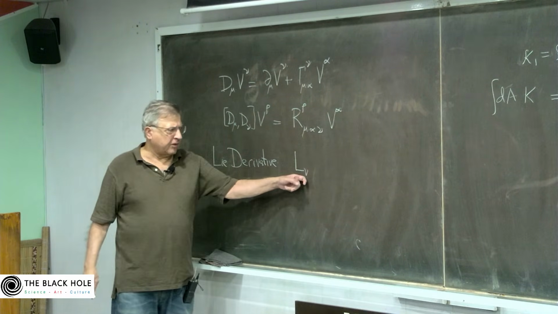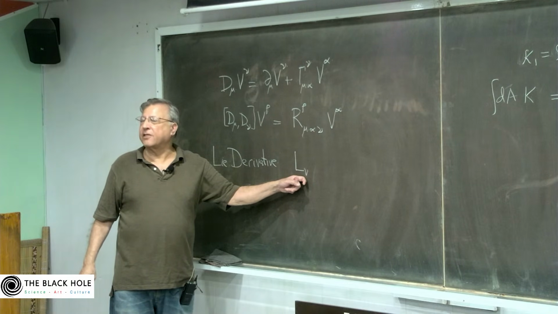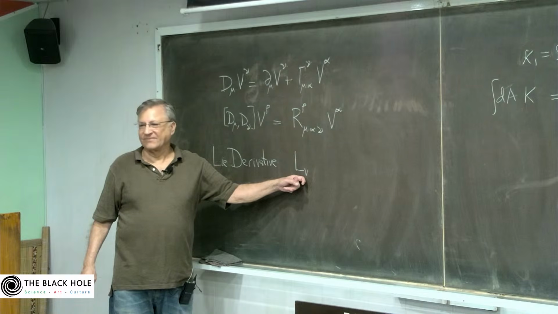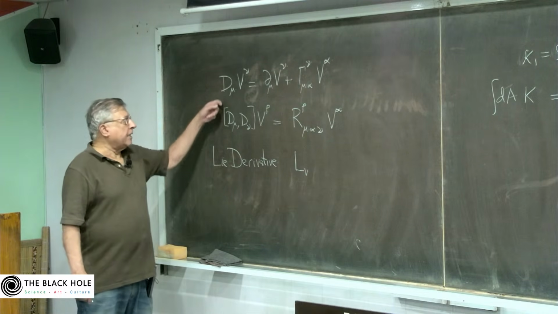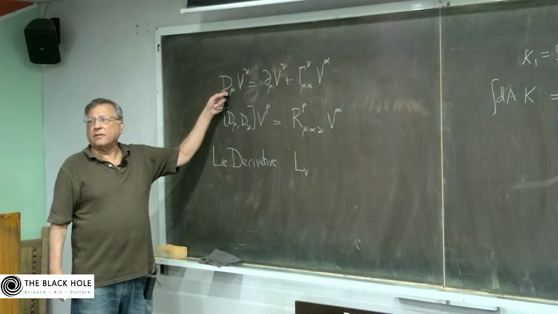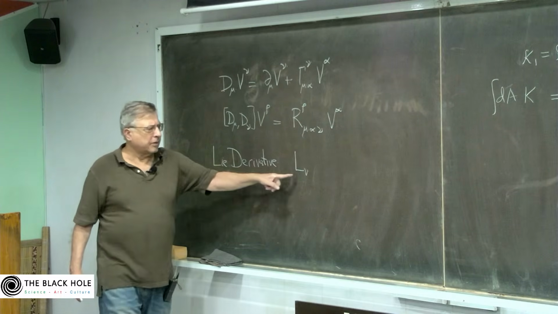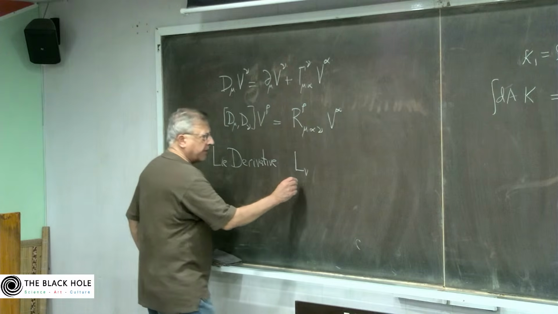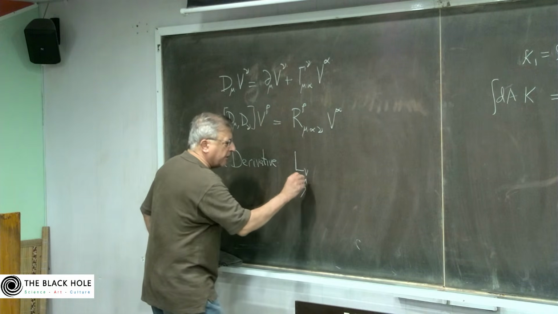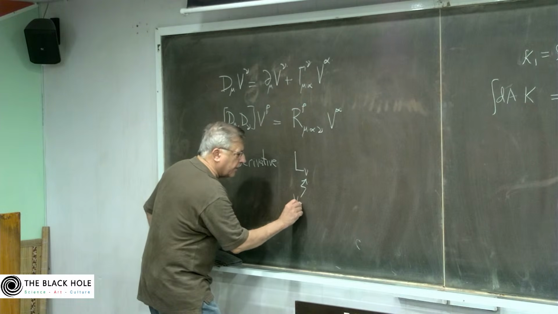Okay, first of all, let me say that this is a derivative with respect to a vector. This over here is a derivative with respect to a coordinate. Now, in fact, I should say V over here is not just a vector, it's a vector field.